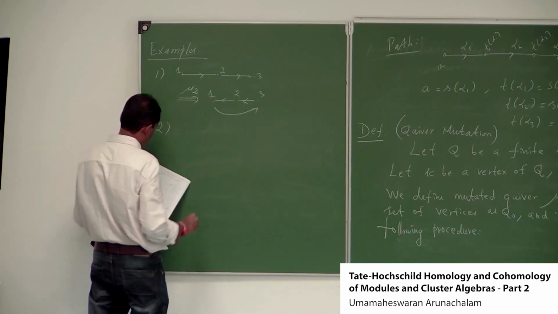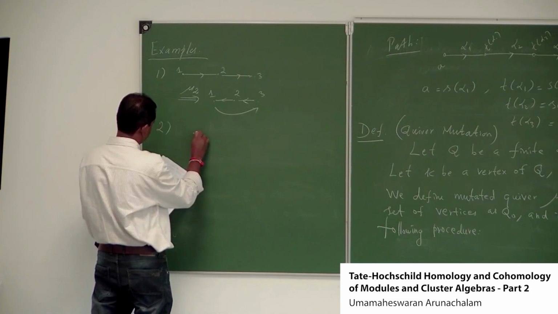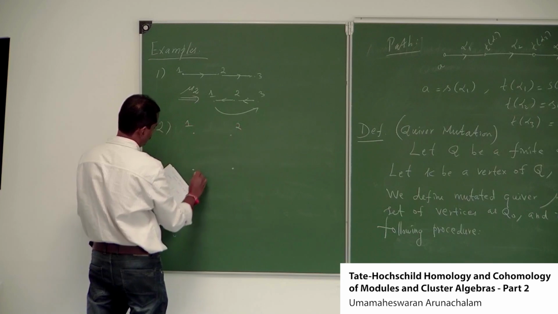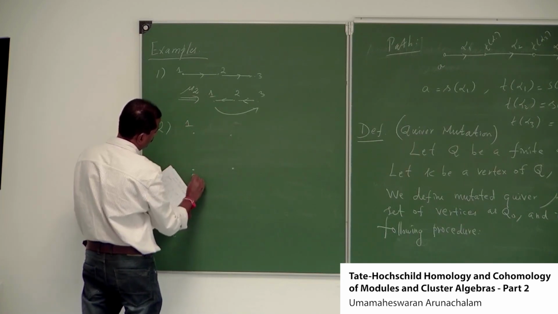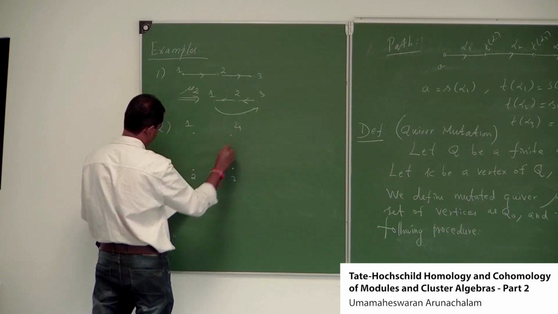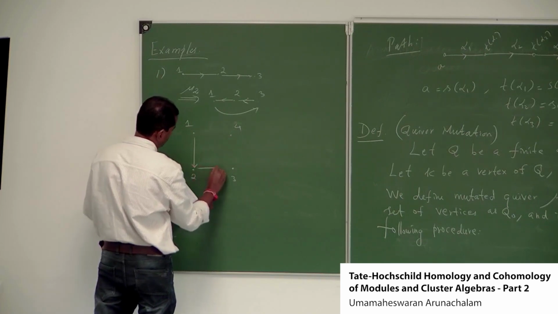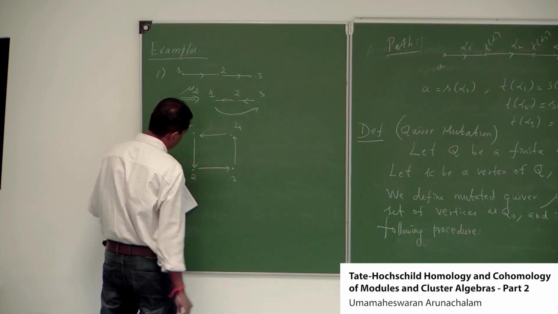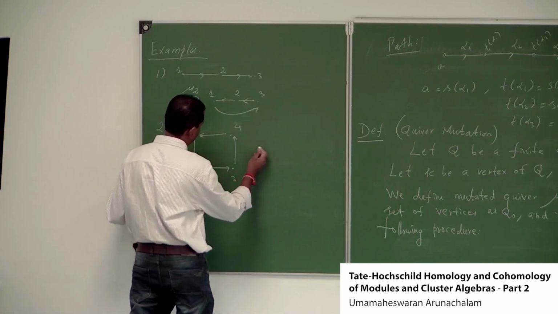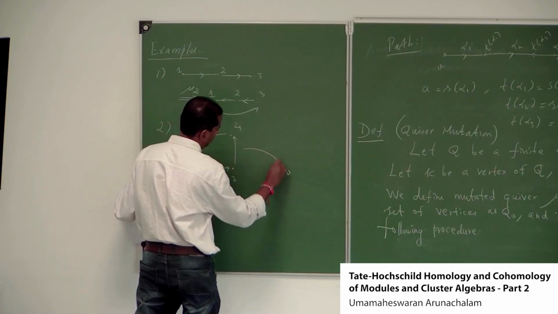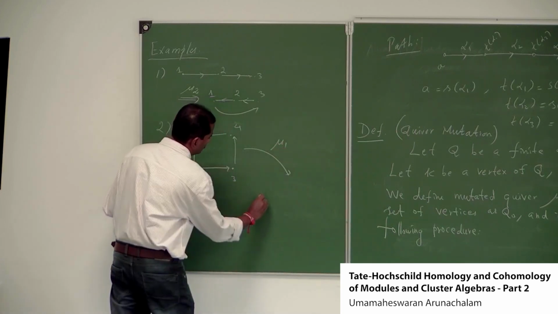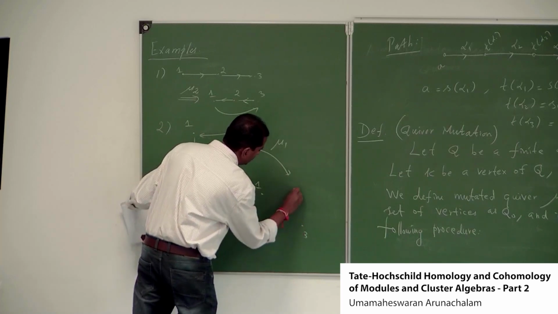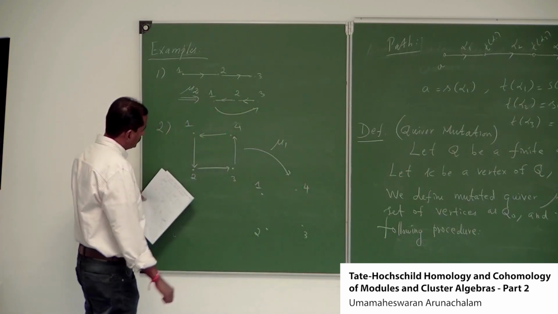Second example: vertices 1, 2, 3, 4, with one arrow here, one arrow here, and one arrow here. Now we take mu1.